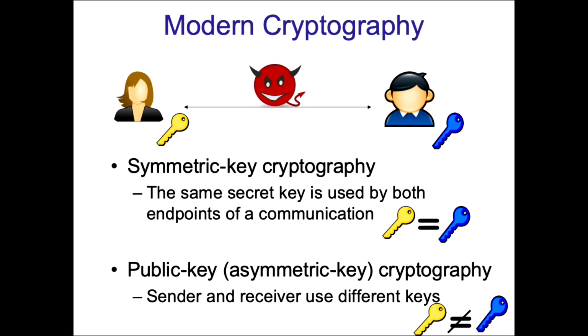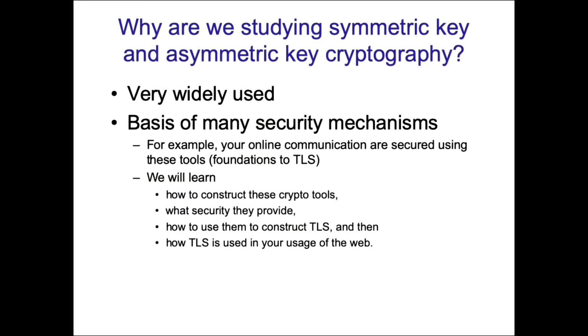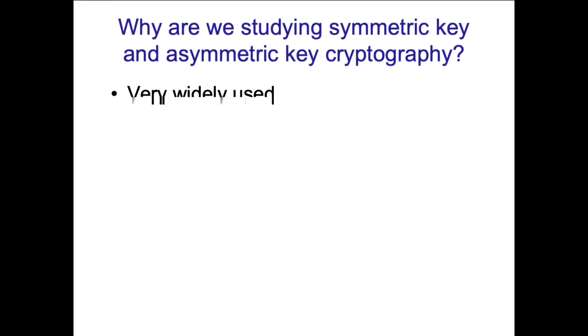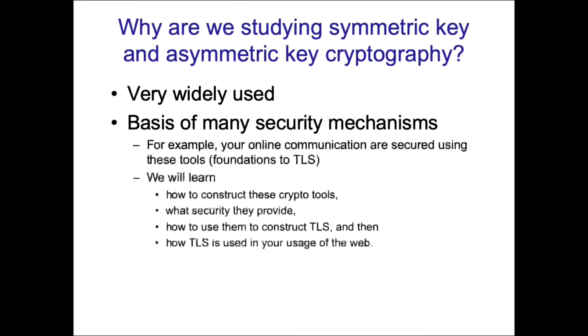But both types of cryptography are heavily used. So in particular, we use them every single day when we surf the web. Whenever you see HTTPS, and we'll explain what that means, HTTPS is using both symmetric key cryptography and public key cryptography. So these are schemes that you're using every single day.